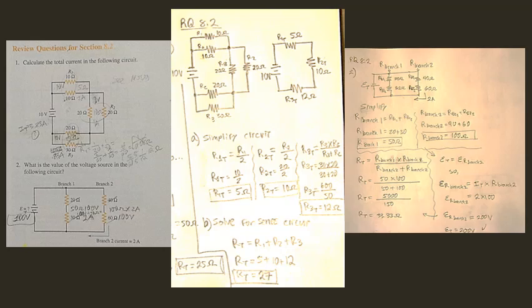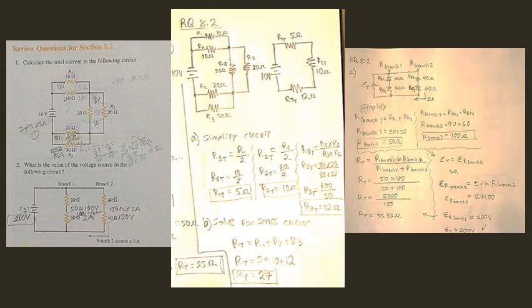We find R2 total, which again is R2 divided by 2, since we again have equal value resistors. This is to simplify to make this a series circuit instead of a complex or combination circuit. So R2 total is 20 ohms divided by 2, which is 10 ohms.